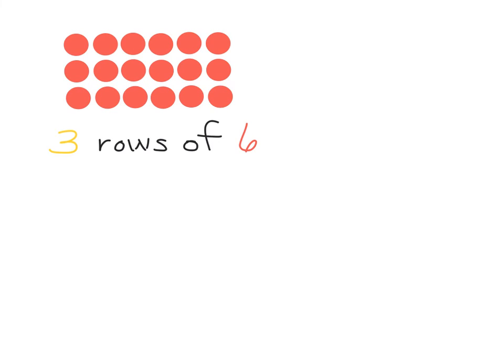We have 6 plus another 6, because we know it's equal, plus the last row of 6. So we have 6 plus 6 plus 6. And how much would that equal? Well, if we skip count by 6, if you know how to, then that would be 6, 12, 18.